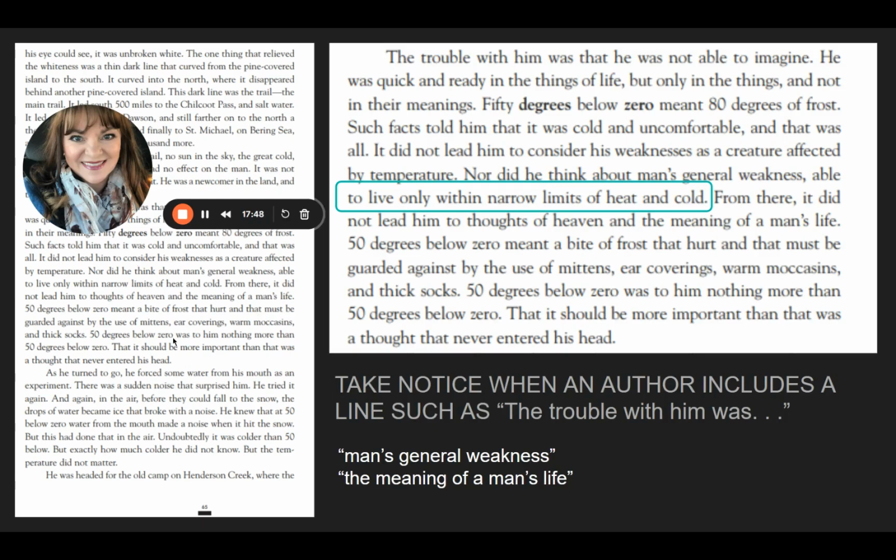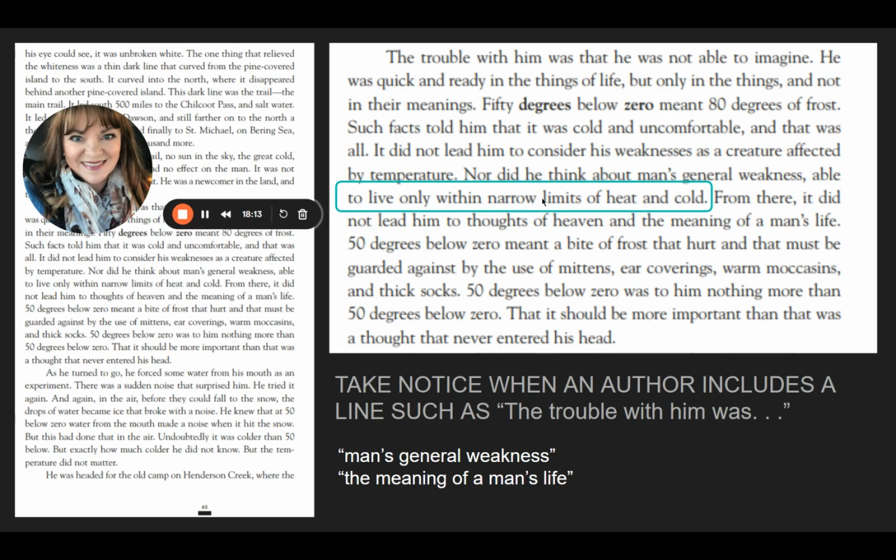This is again just the same page, but I circled or put a box around this part where it says, nor did he think about man's general weakness, able to live only within narrow limits of heat and cold. It's also a very striking sentence, and it's so true, and it's something we maybe don't think about very often, but we have limitations as human beings, right?